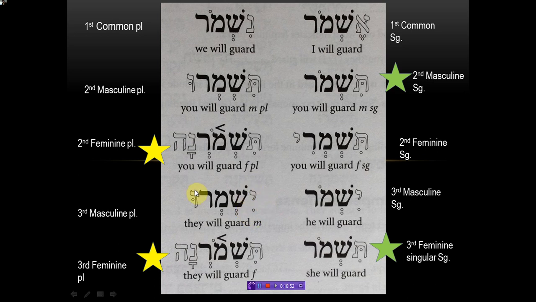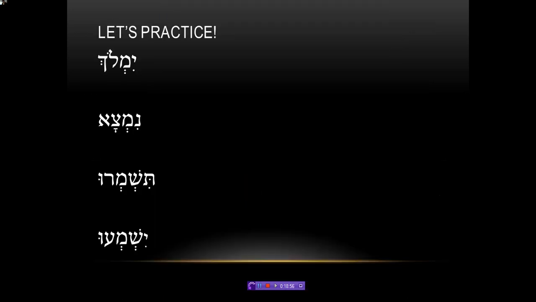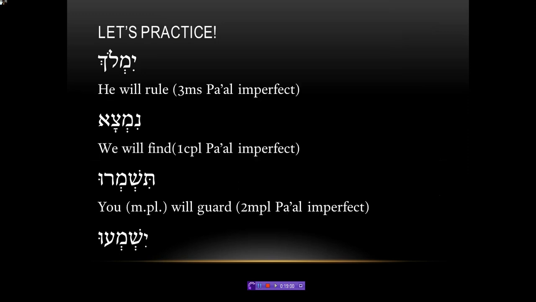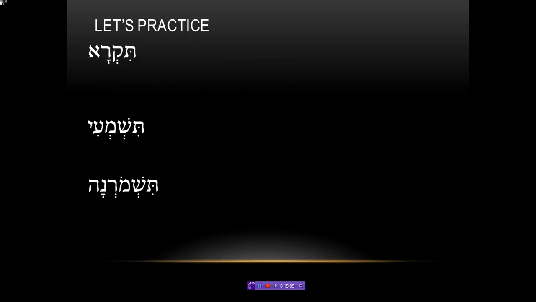The yod at the beginning, the shurek at the end. And that's exactly what we have. So we have here the third masculine plural. Let's go down. Third masculine plural, pa'al imperfect, they will hear. Okay, from shama. Good, let's do just a couple more practices, see if you can figure this one out.